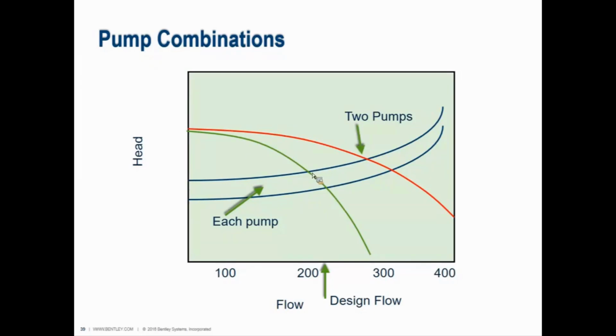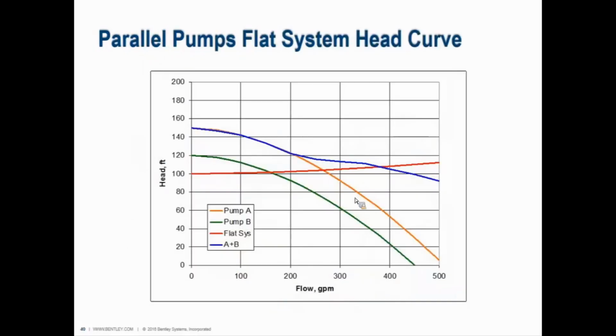So in this case, turning on 1 pump gave you a particular minimum and maximum design flow. 2 pumps doesn't exactly double the flow necessarily, but it does give you a marked increase in flow, and you are able to deliver more flow against that system curve. So in this case, having 2 pumps does work out okay.